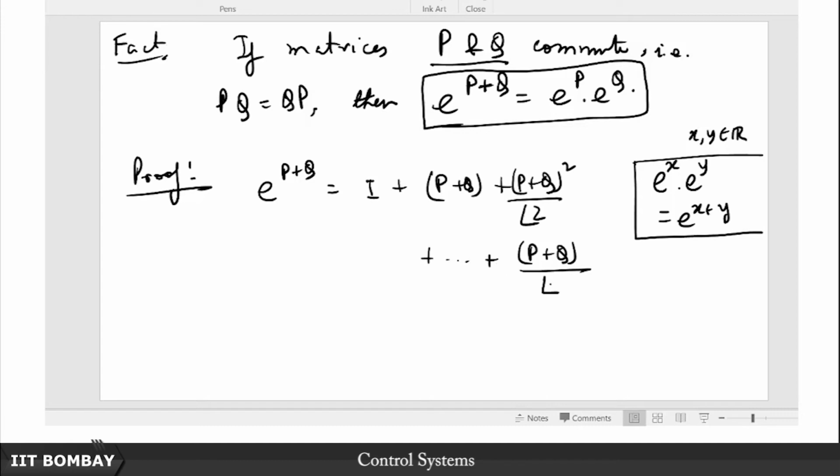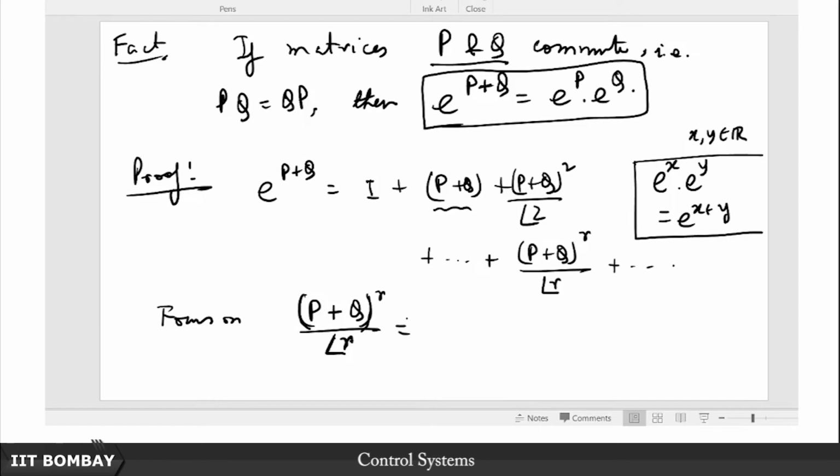This is a general term and this goes on till infinity, it is an infinite sum. Now the key to understanding this is to focus on p plus q to the r upon factorial r.